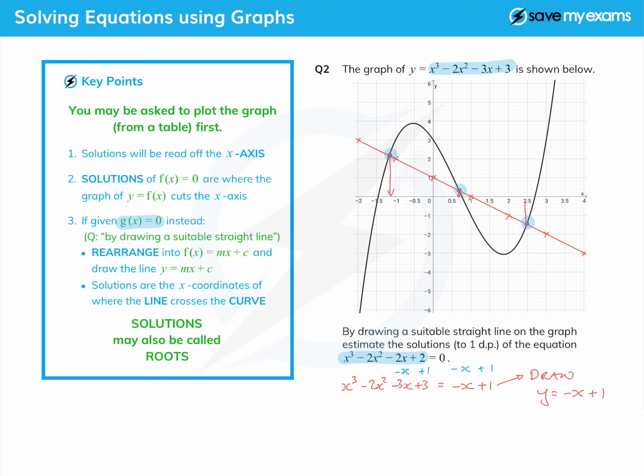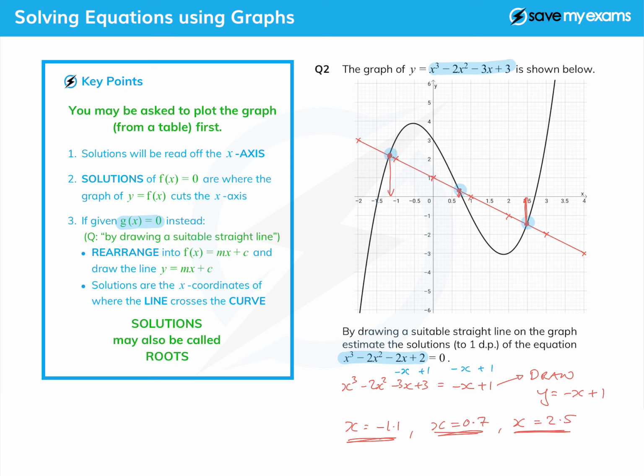And then we draw a straight line here up to the axis. And again, to the nearest grid line, x looks to me to be about minus 1.1, where my lines hit the axis, and then about 0.7, and then about 2.5. If you get them 0.1 out from those, that's probably fine.